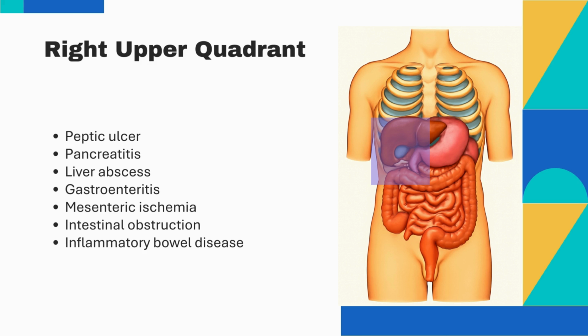Right upper quadrant. The right upper quadrant houses the liver, gallbladder, part of the pancreas, duodenum, and hepatic flexure of the colon.